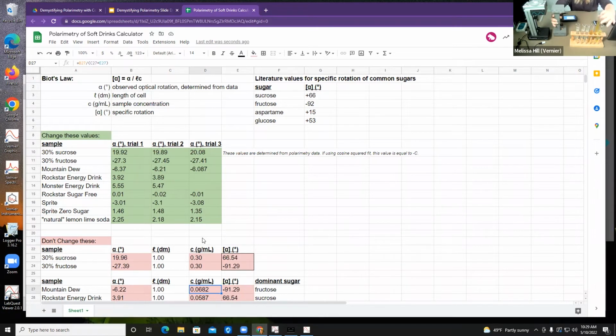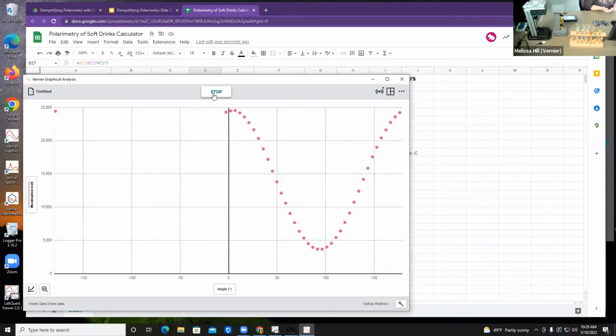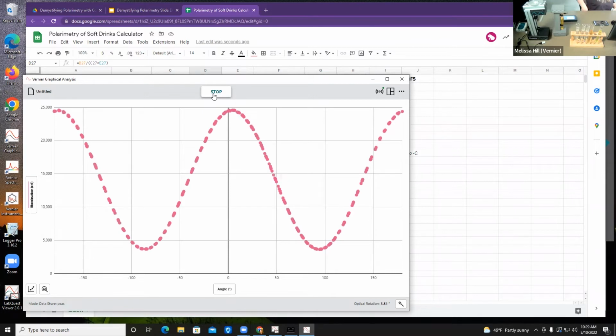So my next sample is Rockstar energy drink. I also picked Rockstar energy and energy drinks in general because they are also high in sugar content, but they tend to be higher in sugar content of glucose or sucrose. So they rotate light positively and follow more of a sucrose model.